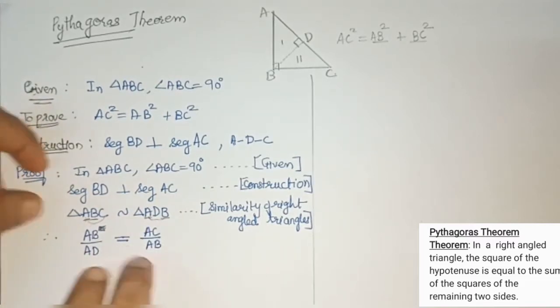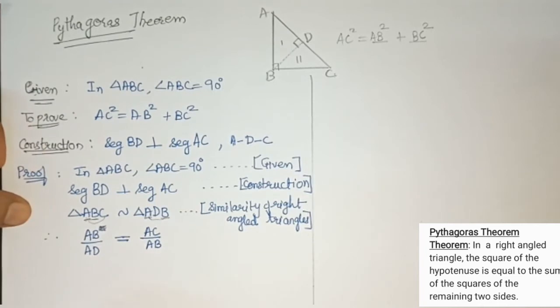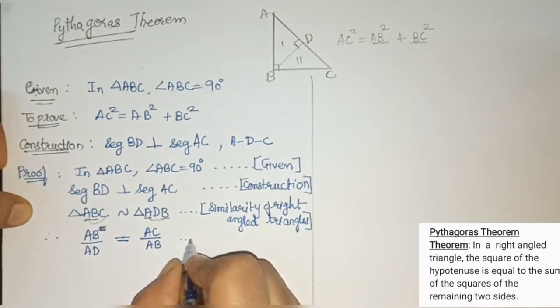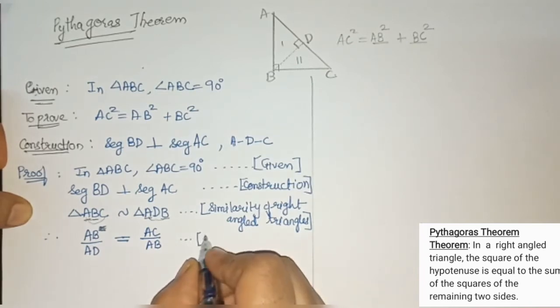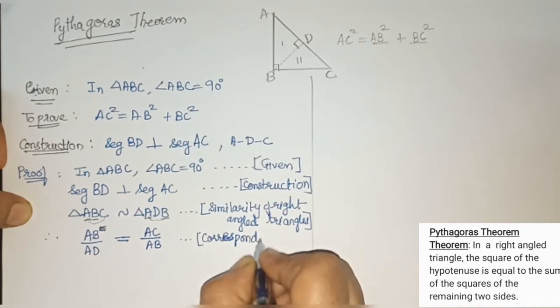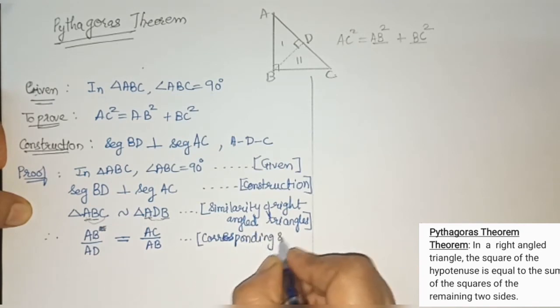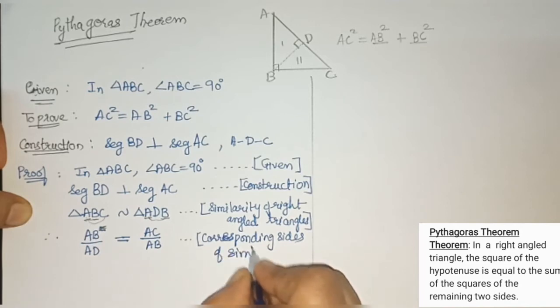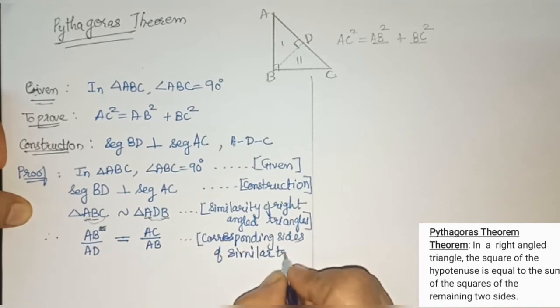See, this is the trick to remember, to memorize, how we have to go through the theorem. So this is nothing but the corresponding sides of similar triangles.